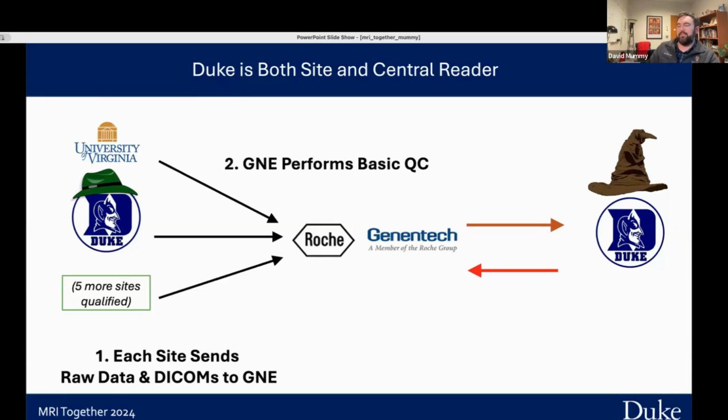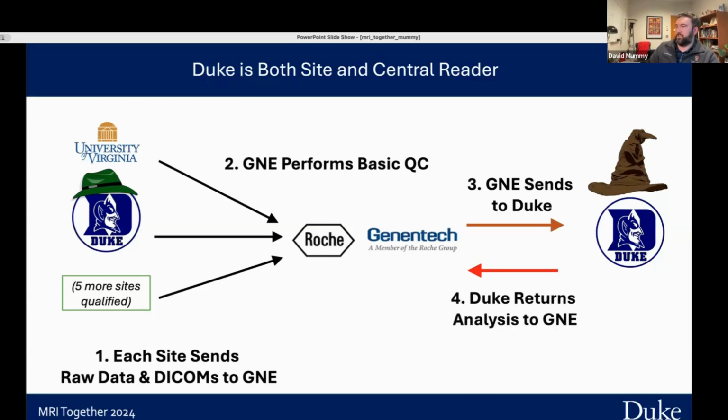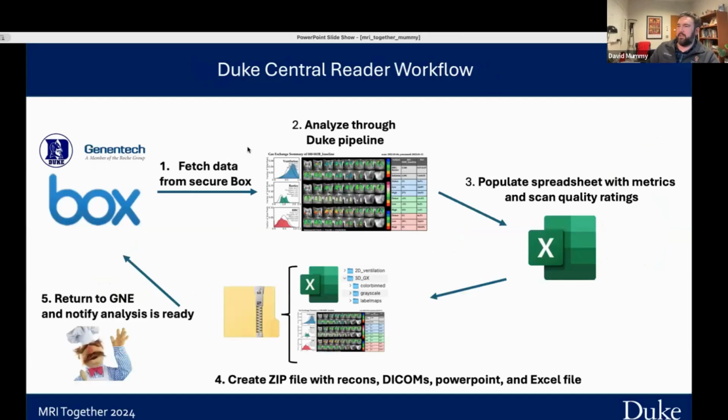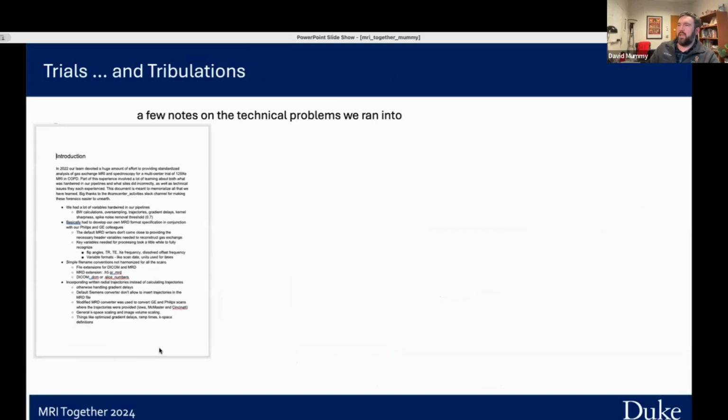They would do basic QC involving like, are all the files there? They would send it to us, and we would return the analysis to Genentech. So, you know, when we were a site, we would send our data, they would send it back to us, and then we'd send it back to them, which seemed a little silly, but necessary. And so as our central reader, we would get the data sent to us, we would put it through our pipeline, create metrics, send it back to the sponsor, everything's peachy.